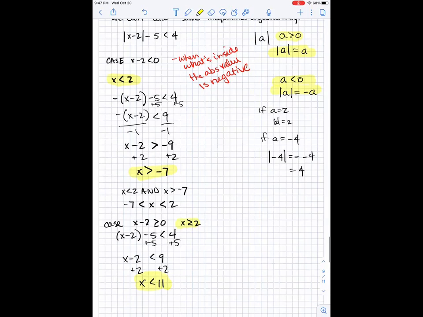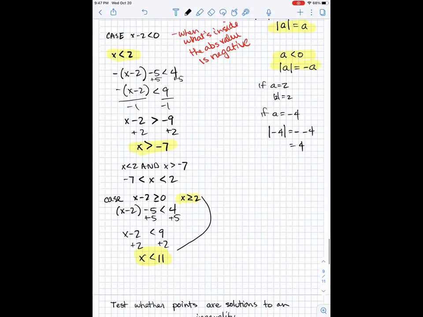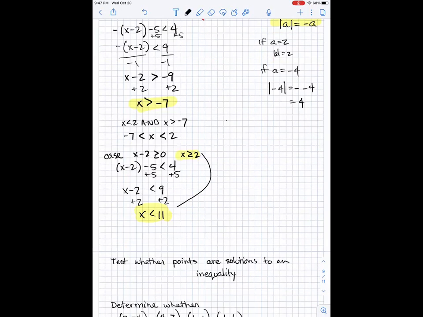So now both of these are connected. What we get is x is greater than or equal to 2 and x is less than 11. So 2 is less than or equal to my x, which is less than 11.